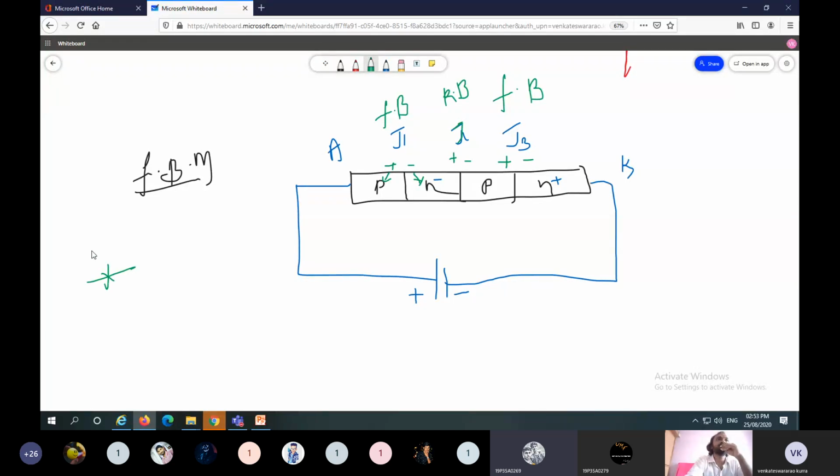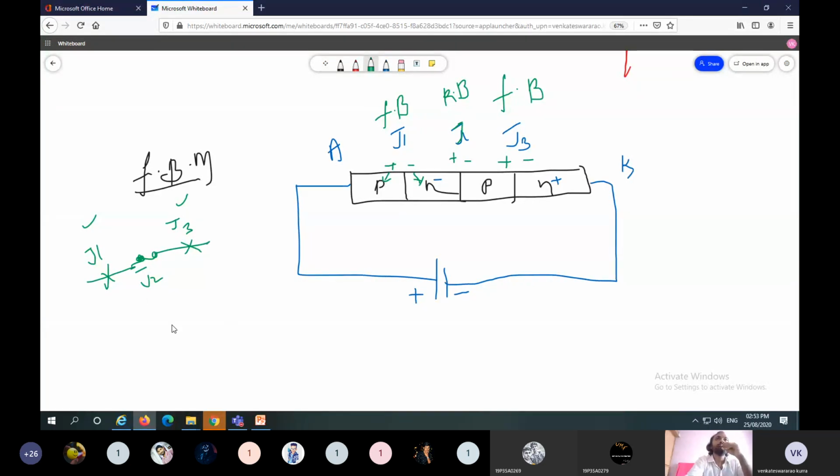So junction J1 acts as a short circuit, junction J2 is reverse bias so it acts as an open circuit, and junction J3 also acts as a short circuit. These two junctions are closed switches and junction J2 is an open switch.